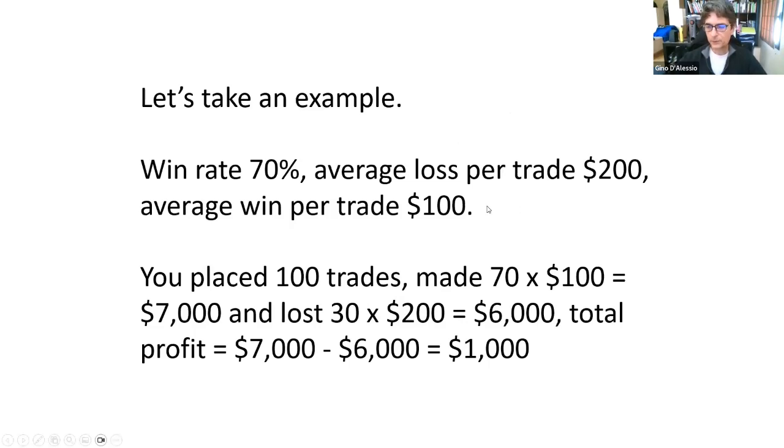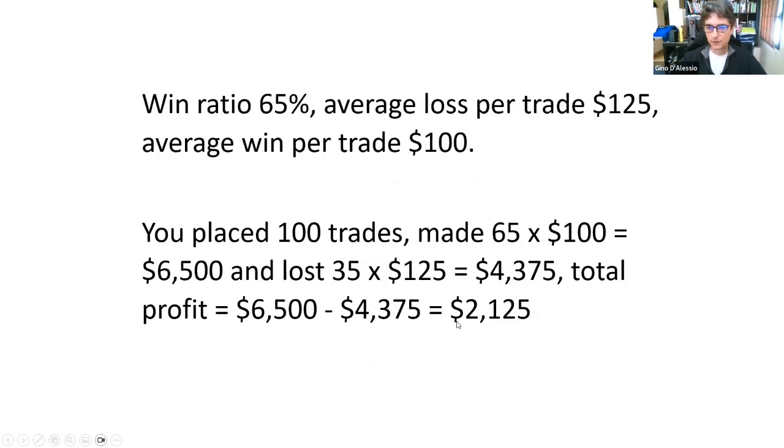This is presuming we've run a backtest, and we did 100 trades, and we got the result of an average loss per trade of 200 and an average win per trade of 100. So this looks like it might have been satisfactory, but if we tweak our rules a little bit, and we manage to get an average loss per trade which is lower, even though it reduces the win ratio and makes it 65 instead of 70, we can see that we get a better result.